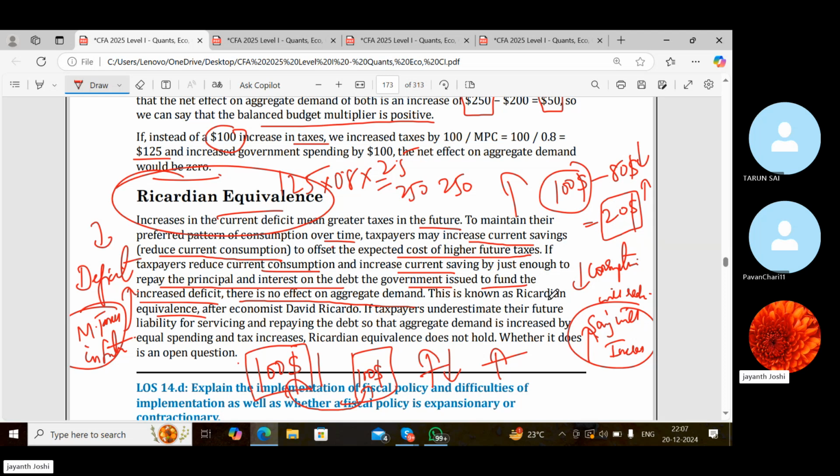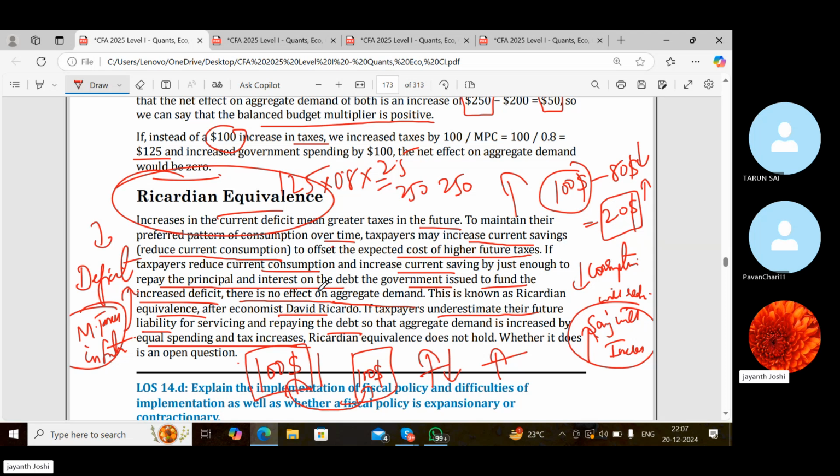So this is Ricardian equivalence, after economist David Ricardo. If taxpayers underestimate their future liability for servicing and repaying the debt, then aggregate demand is increased by equal spending and tax increases. So what they are saying is, if taxpayers underestimate their future liability, that means they understand that in future no higher taxes are going to be levied on them for servicing and repaying the debt.